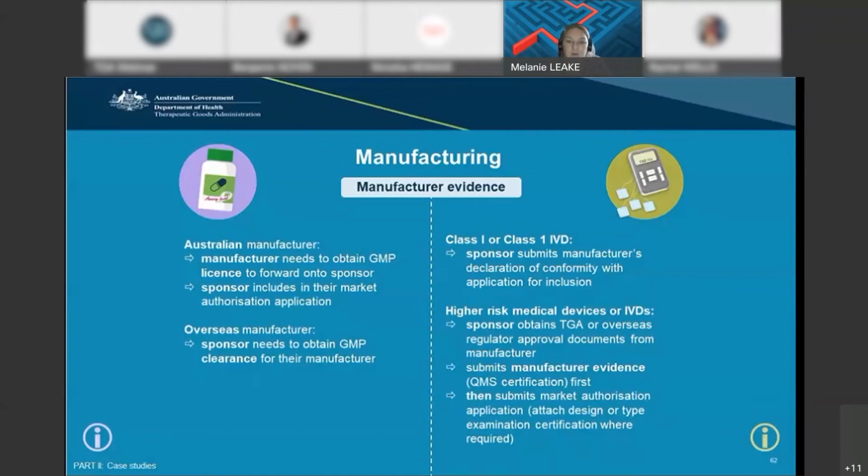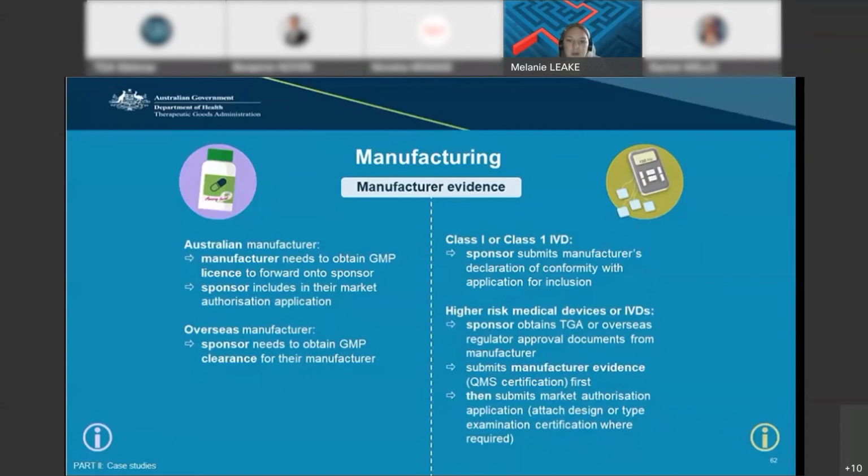For medical devices, if a manufacturer can demonstrate that they meet the essential principles for safety and performance that are relevant to the device, they are issued a certificate or they make a declaration of conformity. Note that manufacturer evidence does not need to be submitted as part of an application for a Class 1 export-only device, but it must be available upon request after the product is included in the Australian Register of Therapeutic Goods.